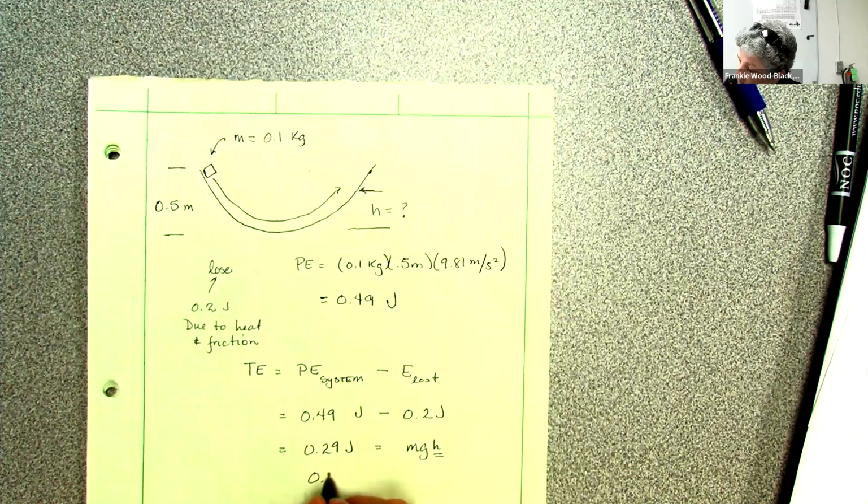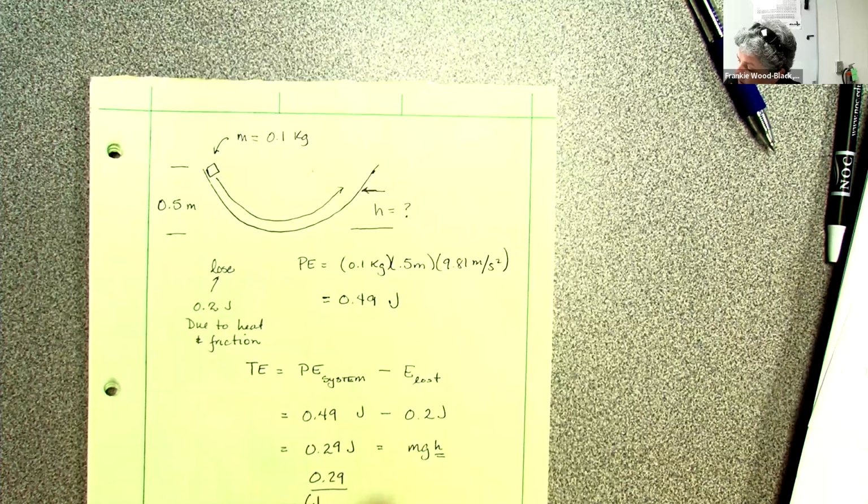So I'm going to get my 0.29 divided by my 0.1 times my 9.81 meters per second squared.